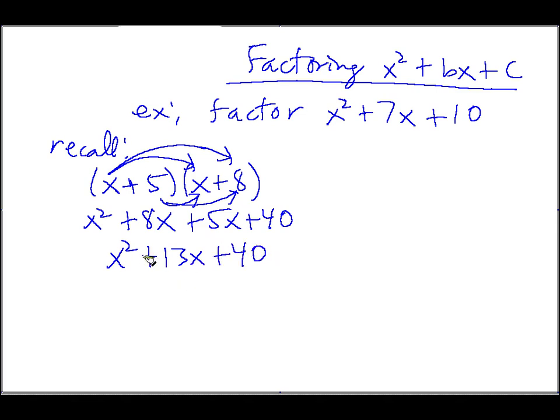So what I'm suggesting to you here is that after I multiply out these two binomials, I get this trinomial, x squared plus 13x plus 40. Is this of this type right here? Well, yes, it is. My b in this case is 13, and my c is 40. So again, b is 13, c is 40. So this is a trinomial of this type.